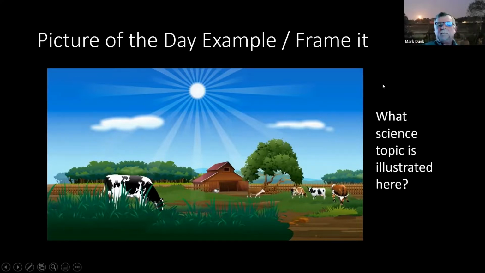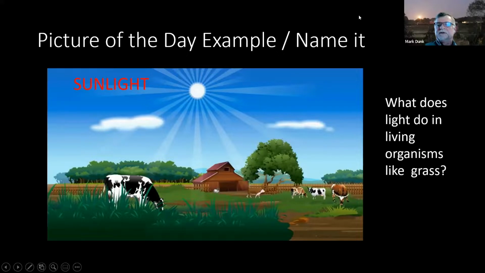So the basic idea that is trying to be brought across here is the idea that this image is representing sunlight. So now the next step of this is, okay, we've identified sunlight, but now we want to name what the sunlight does for living organisms like grass.